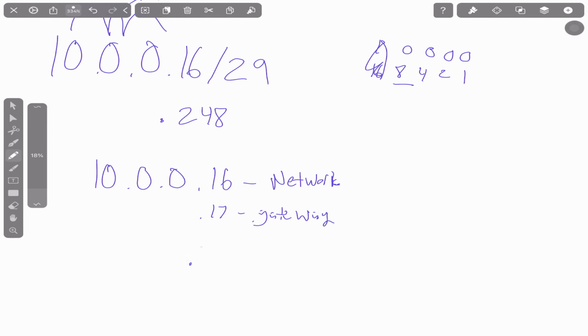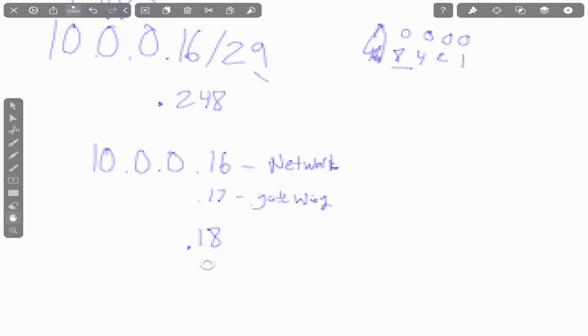But now because of the fact that we're on a /29, we only have 8 hosts. So 18.17 all the way up to .22, because of 7 plus 6, right? Because 8. So 16 plus 8 is 24.